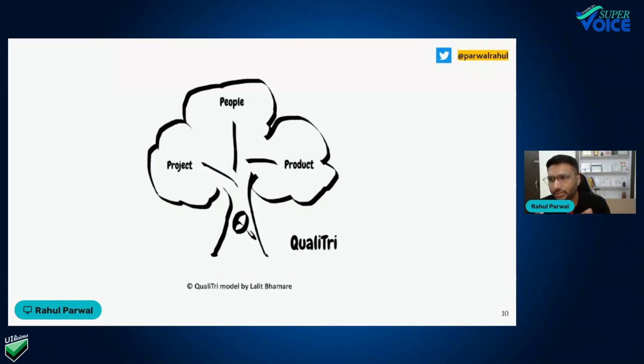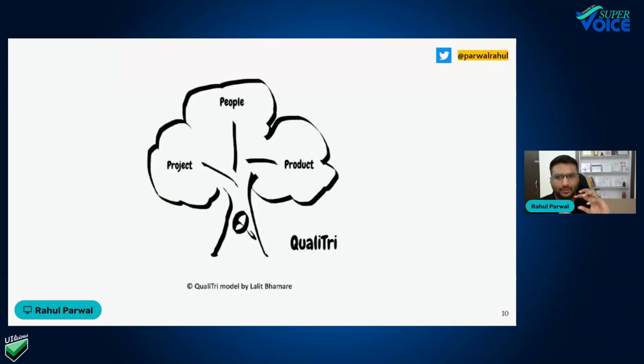So the project notion of quality talks about the environment in which you're making things, the support from the management and from your leaders that you get in your project, the organization's view of quality, and the collaborative work processes. By people, I mean the team who's working on it, like the developers, BAs, testers, product owners, and their skills, their mindset towards quality.